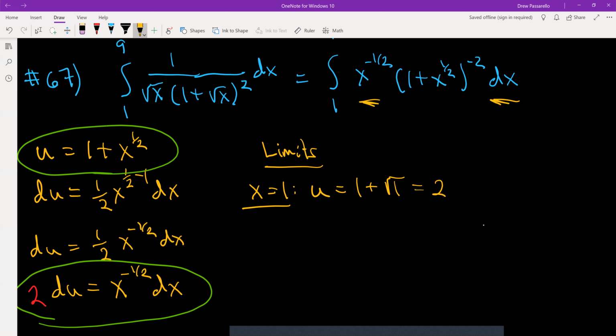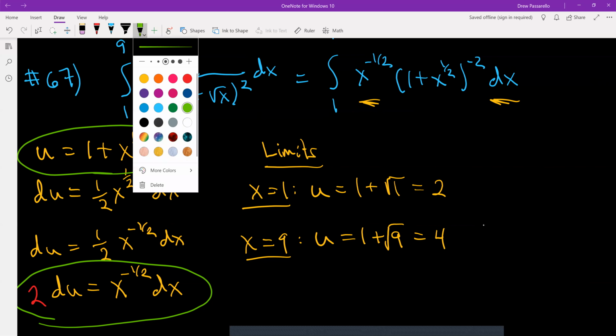The next limit is 9. So if x is 9, that's u equal to 1 plus 9 to the 1/2. And again, raising something to the 1/2 is taking the square root. So really this is 1 plus the square root of 9. Square root of 9 is 3, 3 plus 1 is 4. So my new limits are 2 and 4.